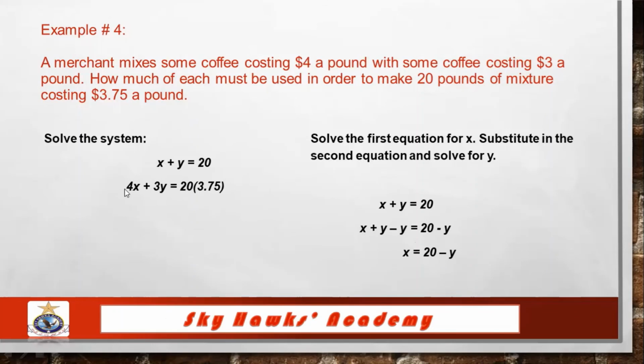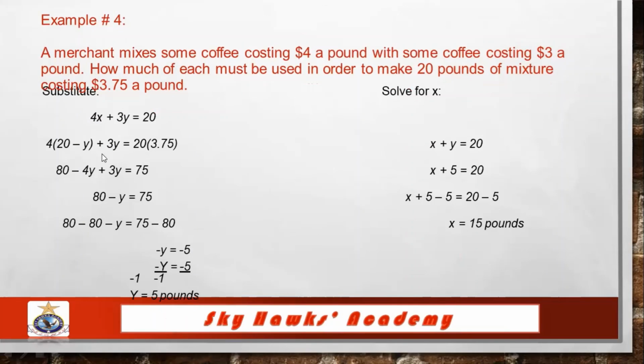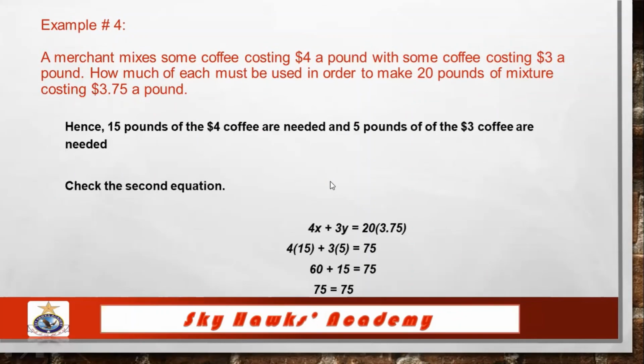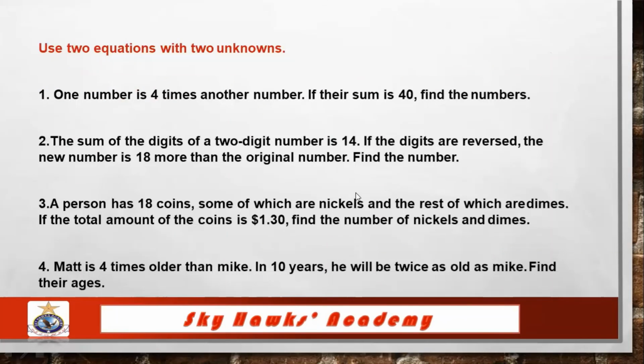We put this in the second equation and get the value of y: y is 5 pounds. If we have the value of y, we can put it here, and x is 5 pounds. Hence 5 pounds each, and this is the cross check. You can put the values in the two equations.